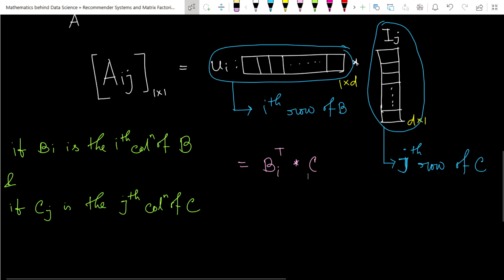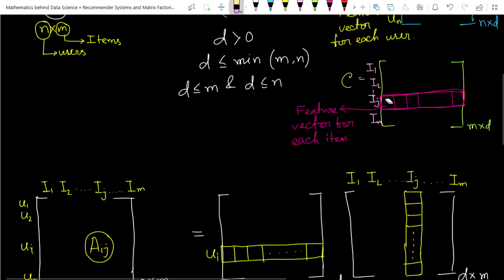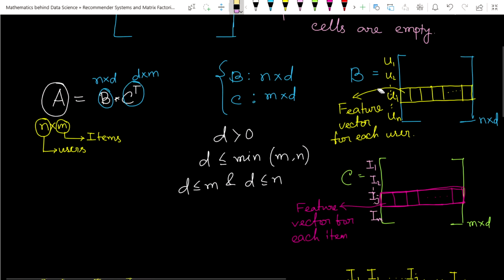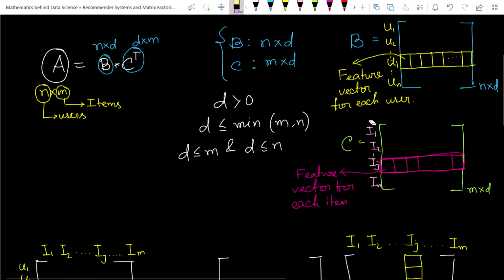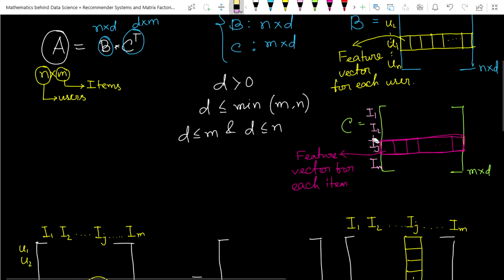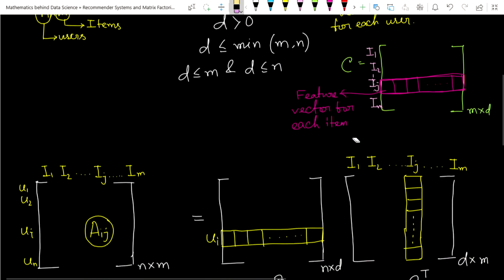Sorry for that. I think it will be better to represent B as a row vector, and for C also to represent the row vector, instead of using the column vector.